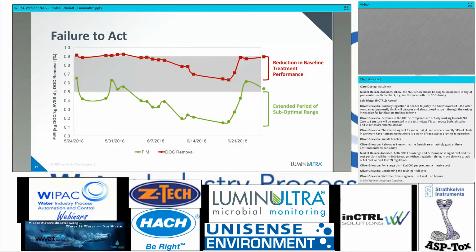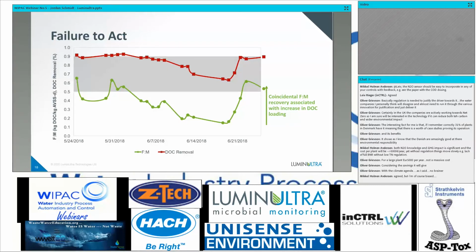We were up around 90% before, and we dropped down to 70% before it finally recovered. It was actually a coincidental F2M recovery associated with an increase in DOC loading. That also resulted in the recovery of treatment performance as the F2M went back into that optimal range.